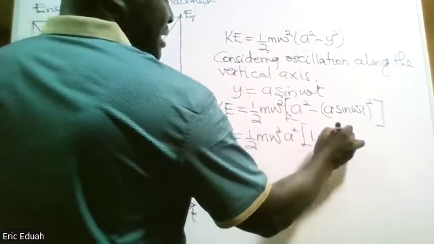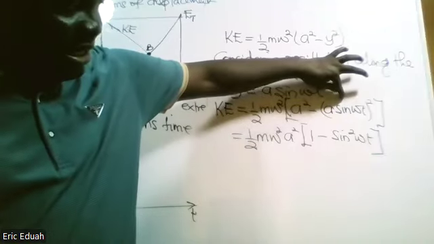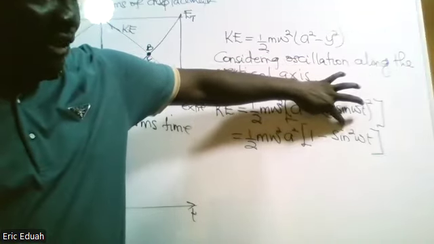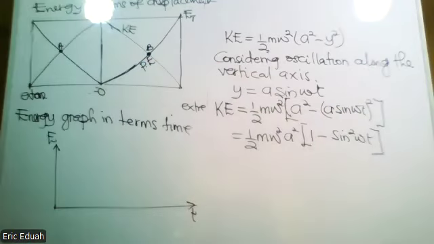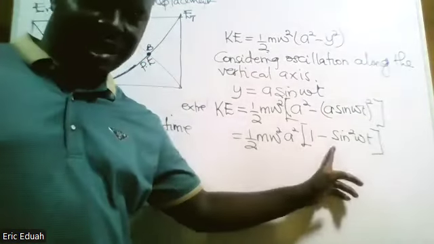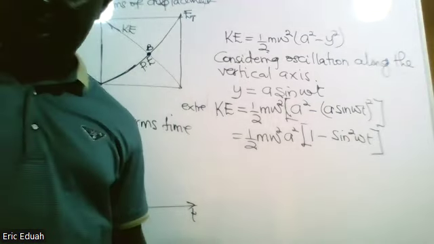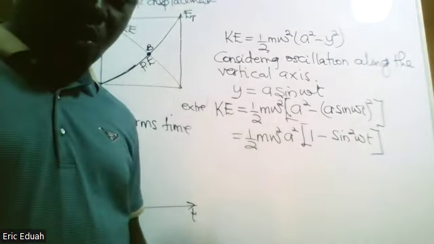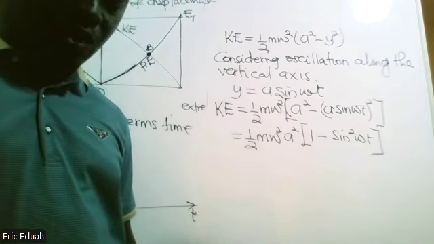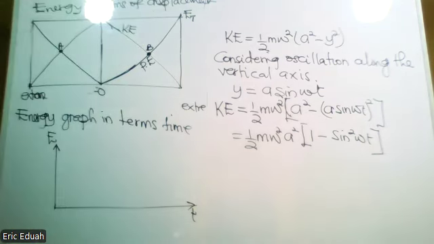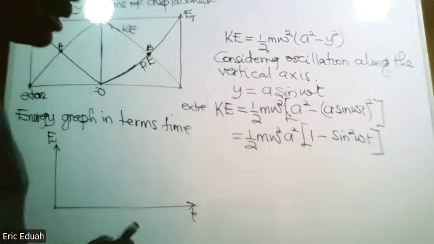What is 1 minus sine squared omega t, class? Cos squared omega t.